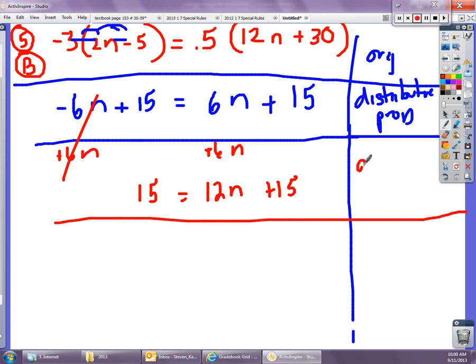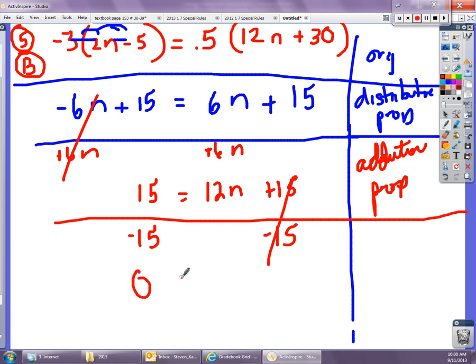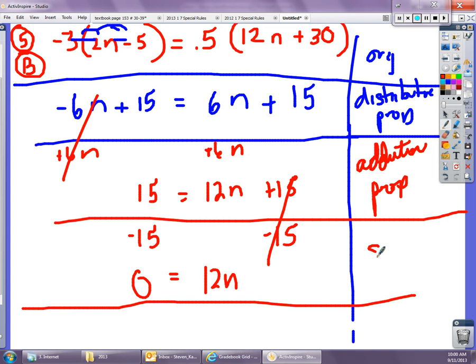And that was the addition property. Next, I'm going to subtract 15 on both sides so that I can cancel out and start looking to isolate my n. 15 minus 15 is 0. That's okay. 0 equals 12n, and there I subtracted on both sides, so that's the subtraction property.